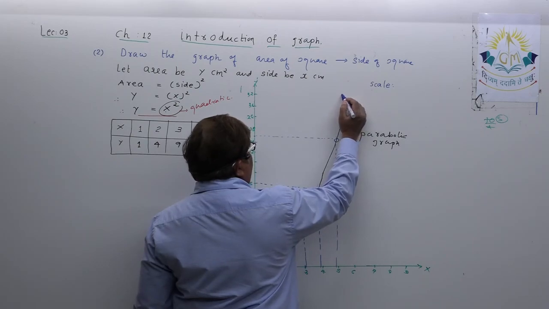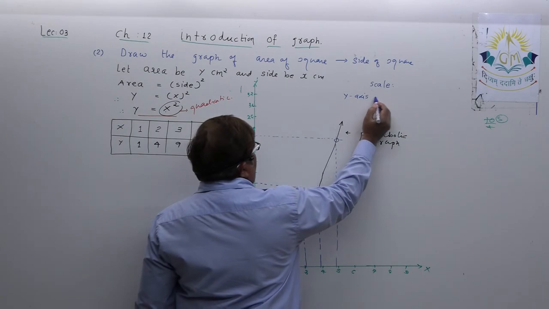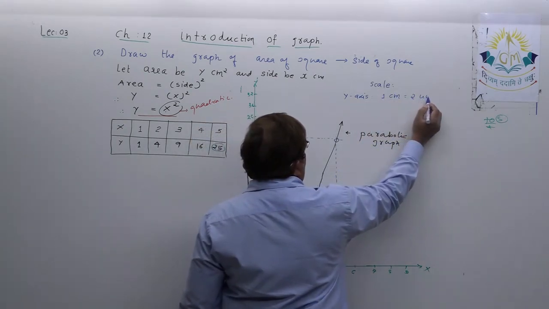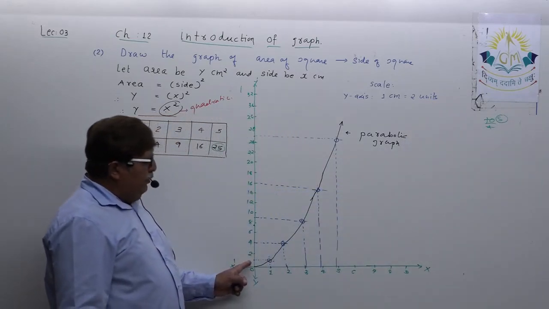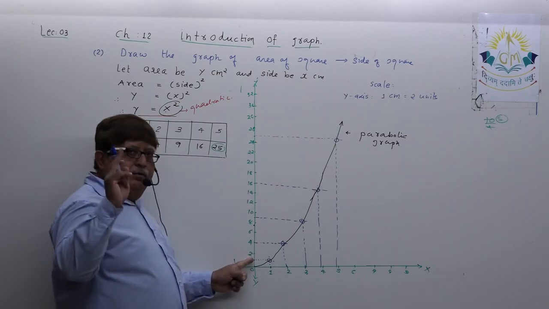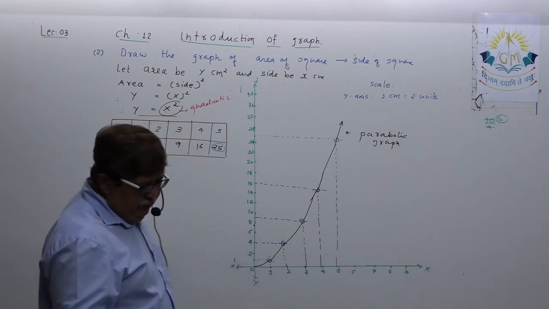So just write y-axis, 1 centimeter equal to how many units? 2 units. That's why 10 divided by 2, every 5 lines will be 1 for us. Understood this?